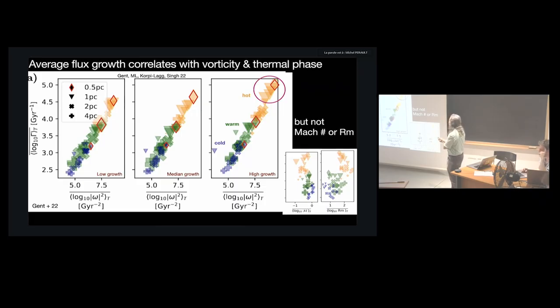And the answer is that, first of all, the field grows much faster in the hot medium, as expected, because the eddy turnover time in high sound speed gas is much faster than in the cold medium. And it correlates extremely well with the local vorticity. So the turbulence is driving the dynamo growth rate. The local magnetic Reynolds number and the local Mach number are not well correlated.